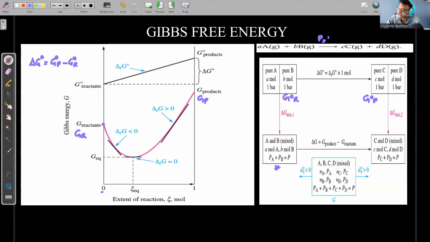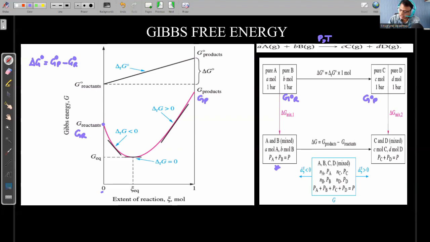We know that this reaction is taking place at constant pressure and temperature. So initially, the partial pressure of A plus partial pressure of B is equal to P, and temperature of this is T. So A and B are in mixed form, and the number of moles of A is equal to the stoichiometric coefficient, the number of moles of B is equal to the stoichiometric coefficient, and the sum of partial pressures of A and B is equal to the total pressure of the system.